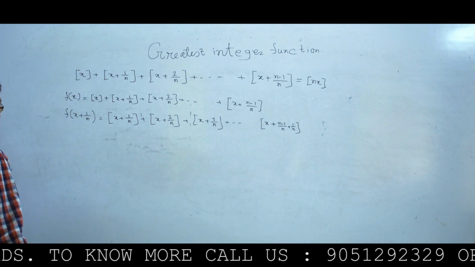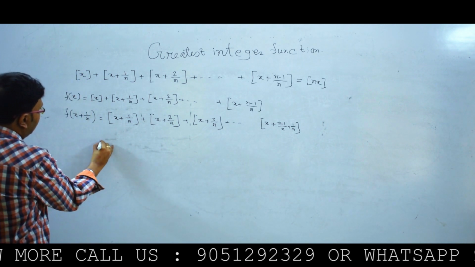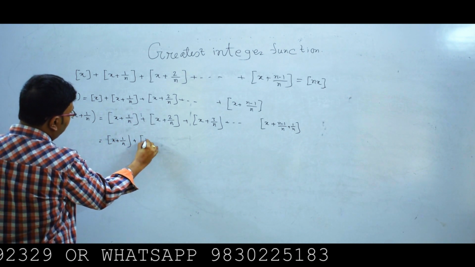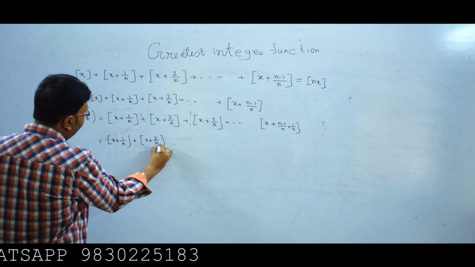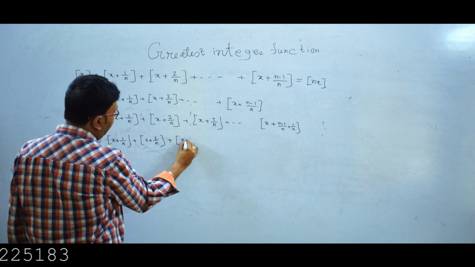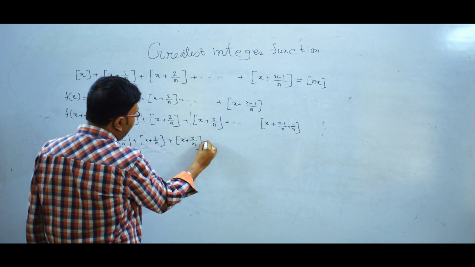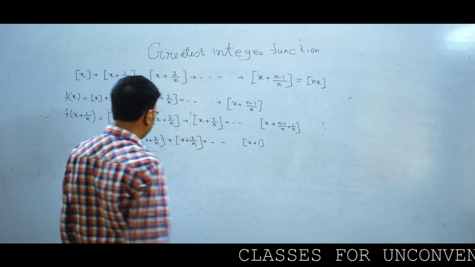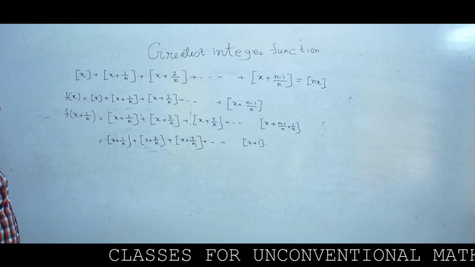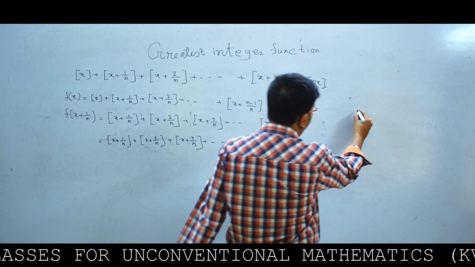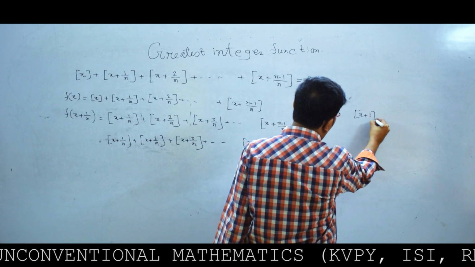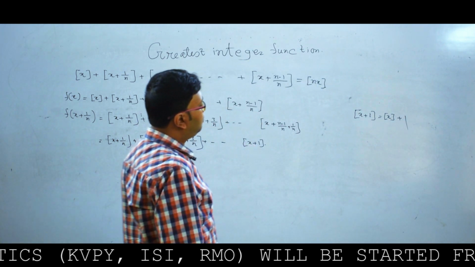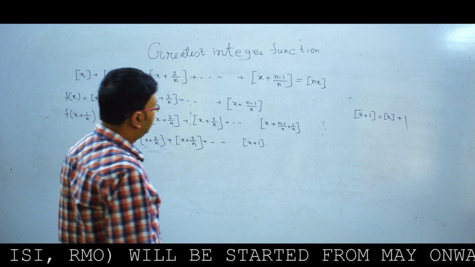So what we have got? That is x + 1/n, x + 2/n, x + 3/n, up to x + 1. Now, this {x + 1} equals {x} + 1, since {x + 1} equals {x} + 1.